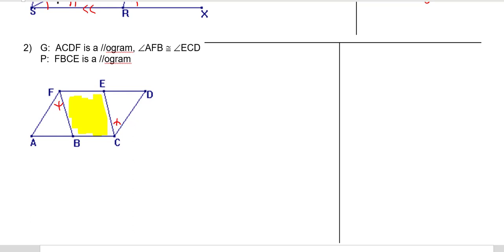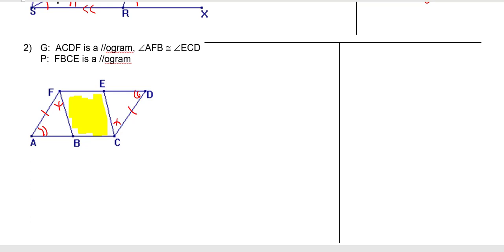And so I think I could probably say that, well, I know that these are congruent to each other because they're opposite sides of a parallelogram. And I also know that these are congruent because they're opposite angles of a parallelogram, which means that the two triangles are congruent to each other. And now I can do a bunch of different things there because of that.